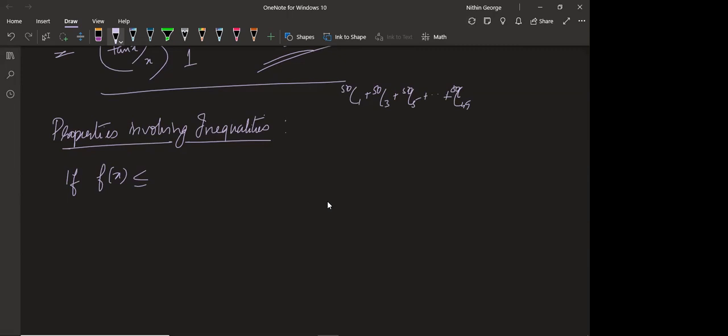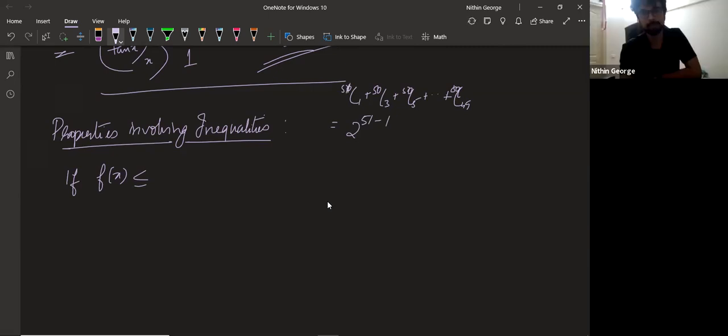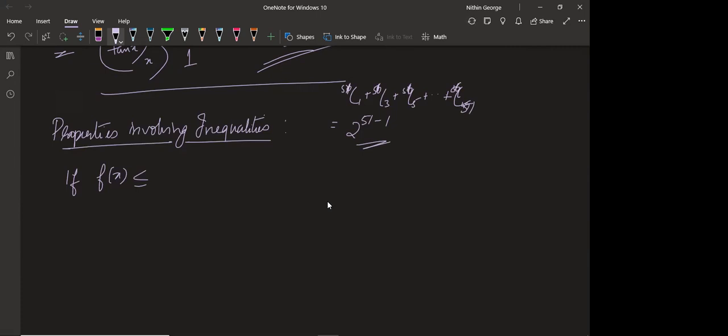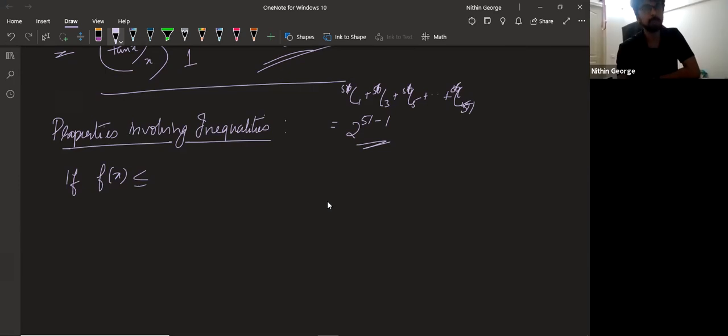This equates to 2 power 51 minus 1. Yes, sir. How? It's wrong because the question should be 51C1, 51C3, 51C5 up till 51C51. Then it's correct. So this is how the question will be.